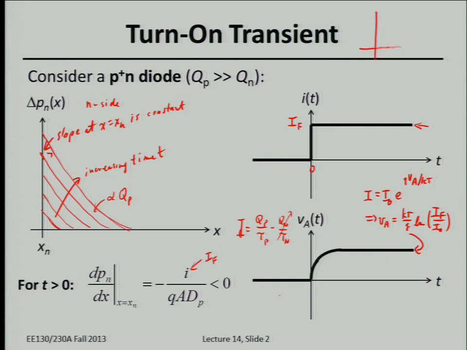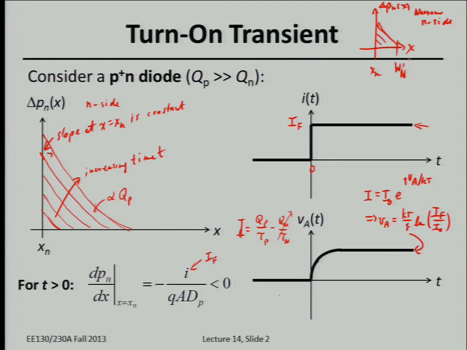Let's think. For a narrow base diode, let's say this is delta P n of x for a narrow n side. Basically, what will happen is the slope will still be the same, and it'll reach steady state when you reach the width of the quasi-neutral region.